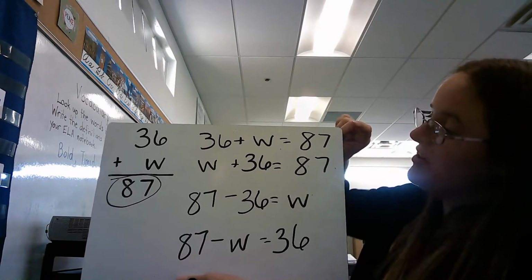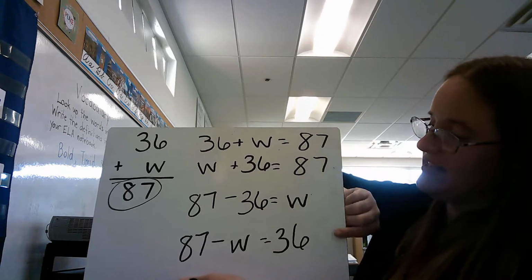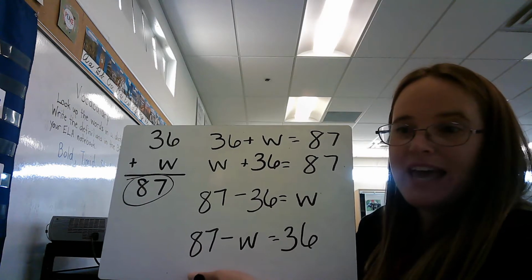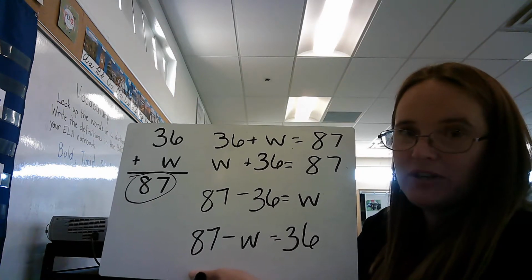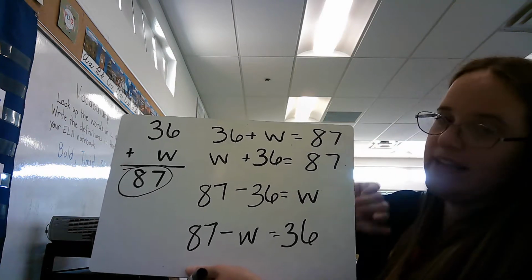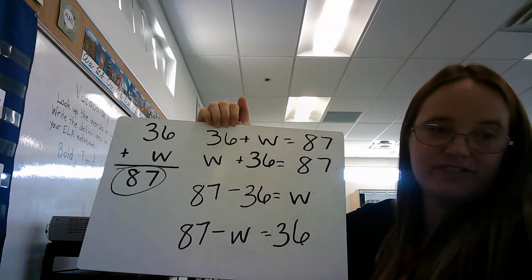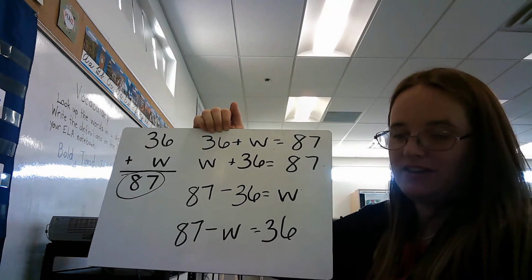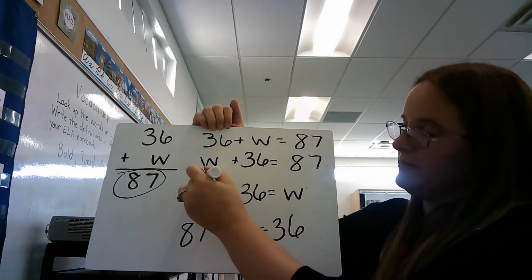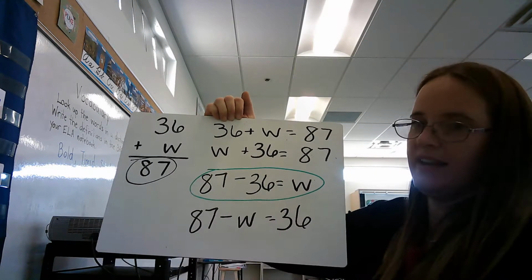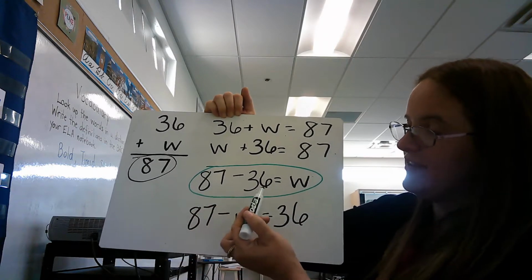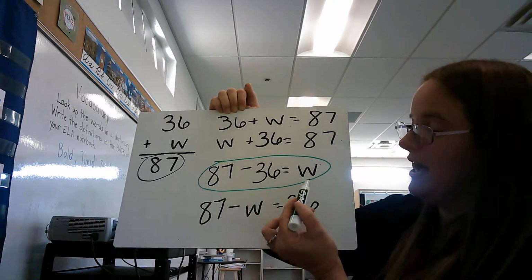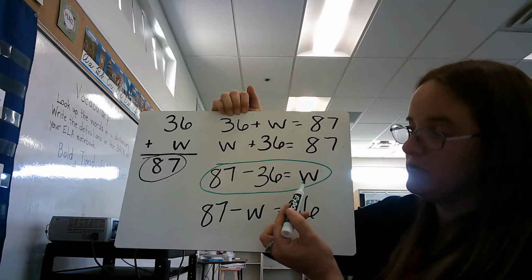So now we're going to say which one of these fact families is going to help me find W. Which one gives me an answer of W? We'll take a look here. There's only one where W comes after the equal sign. If I do 87 minus 36, I'm going to figure out what W is equal to.